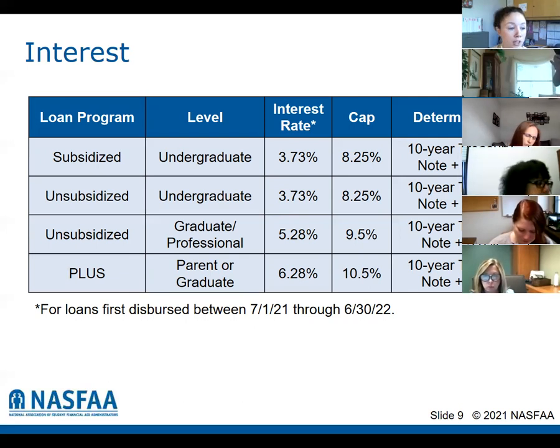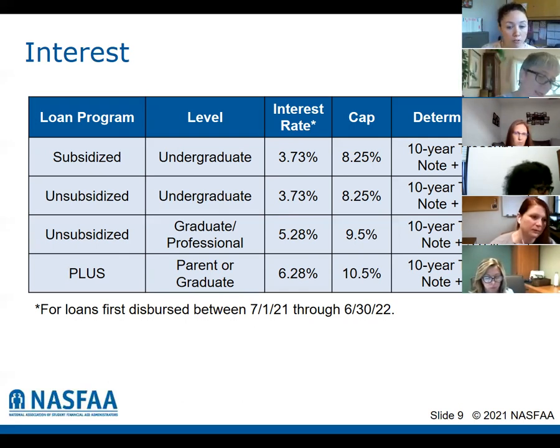Last year, it just happened to be in May of 2020 that the 10-year Treasury note had a really, really low interest rate. And when they added the index, even with the index, the interest rates were extremely low. So this year they're still fairly low. We're still pretty happy with where they are for the graduate loans.